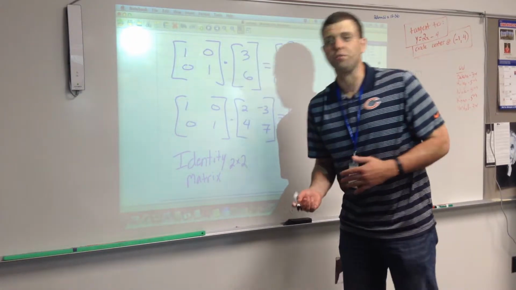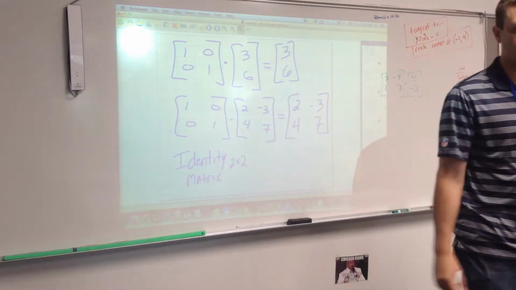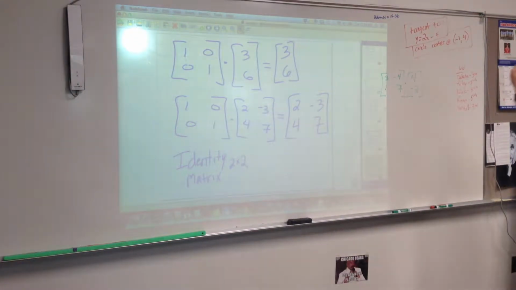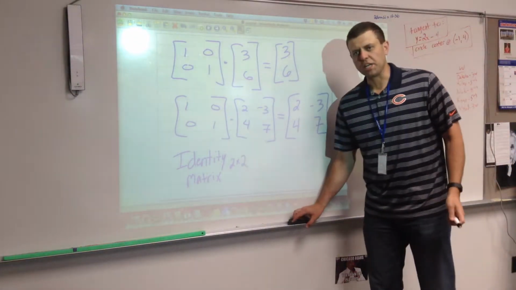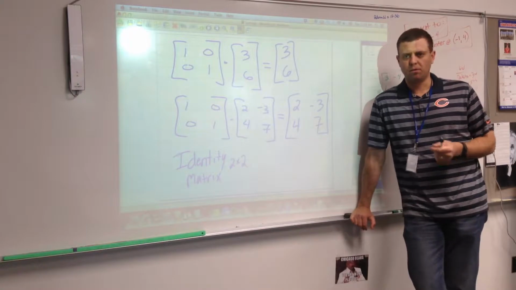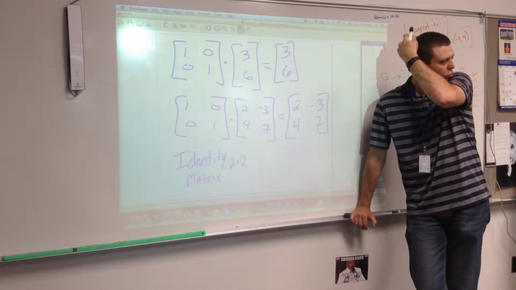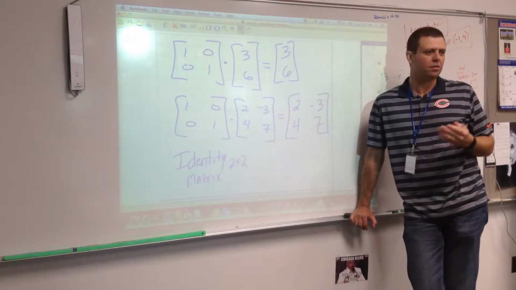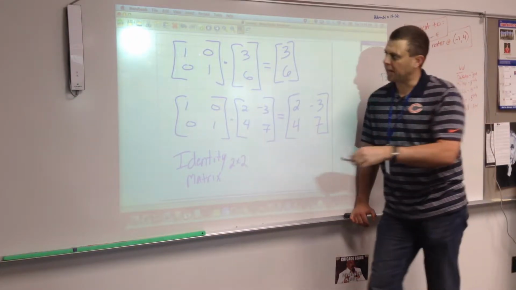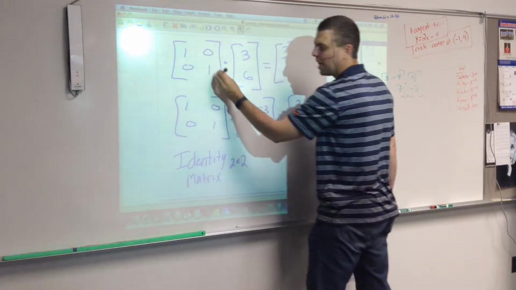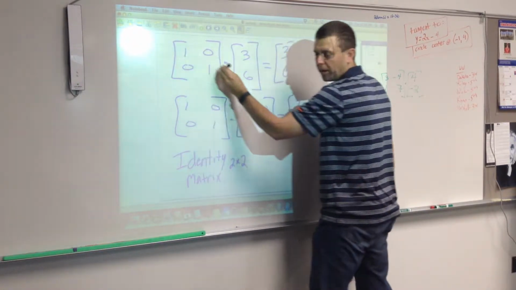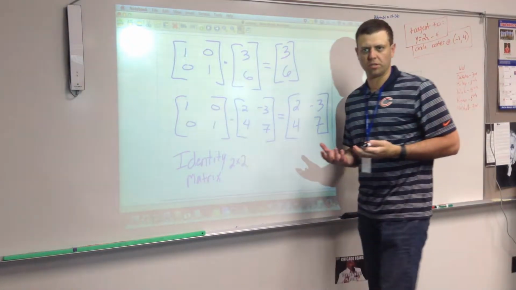It's the 2 by 2 identity matrix. Again, when we're working by hand, we'll be working with 2 by 2s. And this will be your 2 by 2 identity matrix. It has 1s going down this diagonal from top left to bottom right, and all other terms are 0.